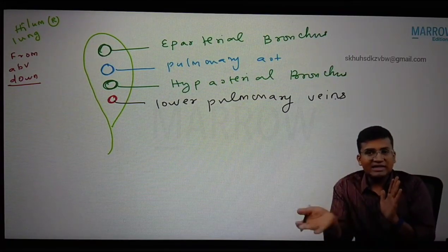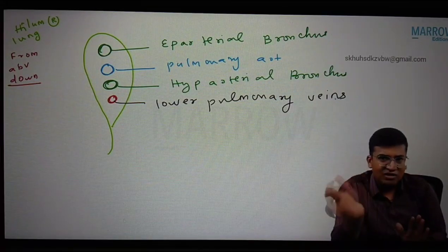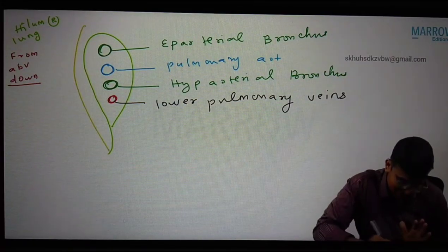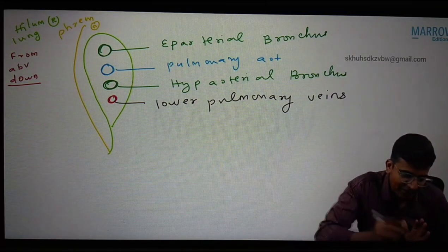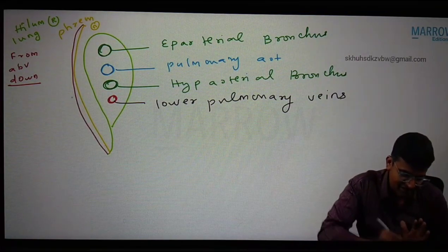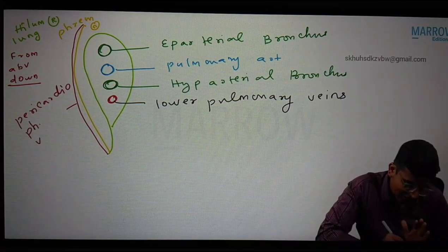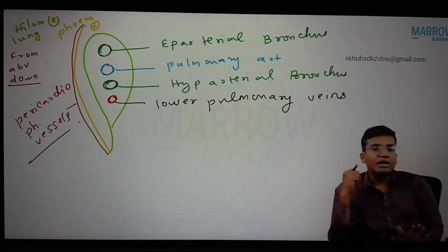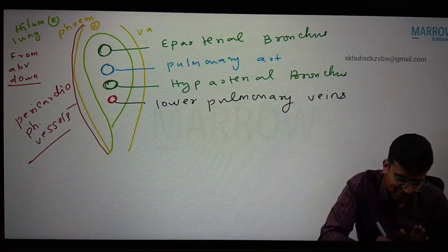In front of the hilum of the right lung, I told in the head and neck itself, what do we have? Phrenic nerve, very good. And accompanied by pericardiophrenic vessels. Now behind the hilum of the lung, we have the vagus nerve.